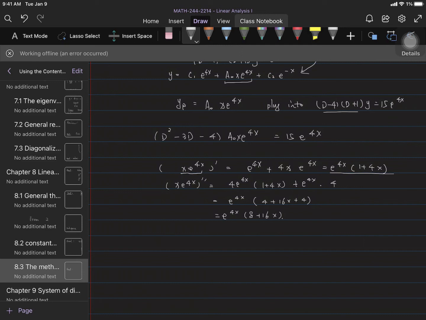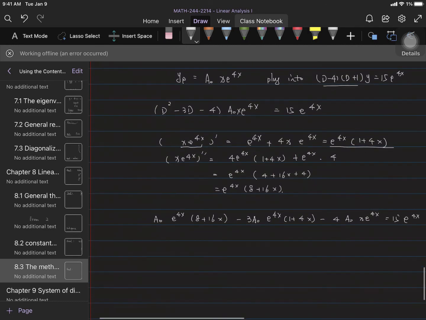So second derivative, and we still have a naught in front: a naught e to the 4x, 8 plus 16x, and then minus 3 first derivative, and then minus 4 a naught x e to the 4x, equals 15 e to the 4x.